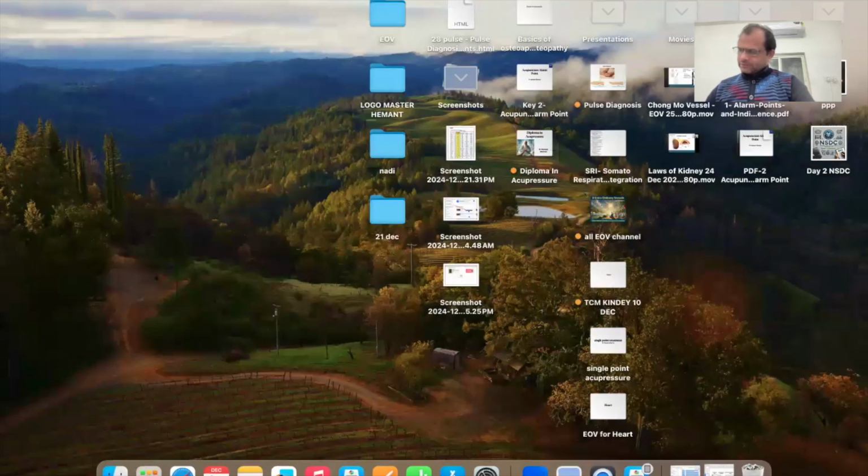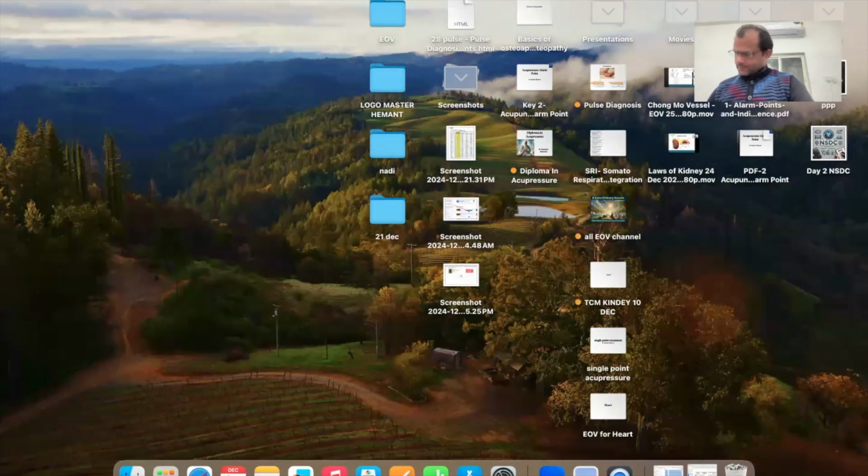So let's see the location of Liver 10, and if it is not possible at Liver 10, then we'll go to Liver 3. First, let's check Liver 10.